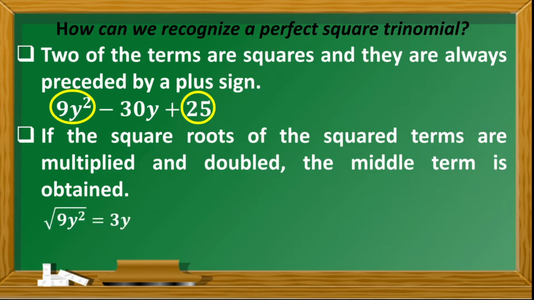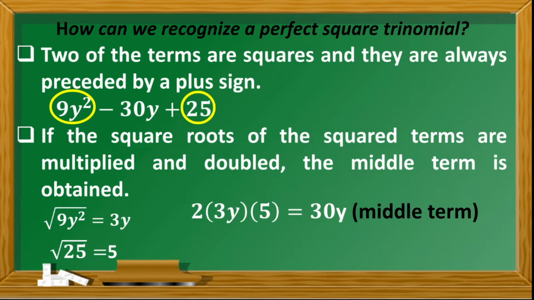Try natin. Ang square root ng 9y squared is 3y. And ang square root naman ng 25 is 5. Now, i-multiply natin yung dalawa and then multiplied again by 2. So, we have 3y times 5 times 2 or 2 times 3y times 5.